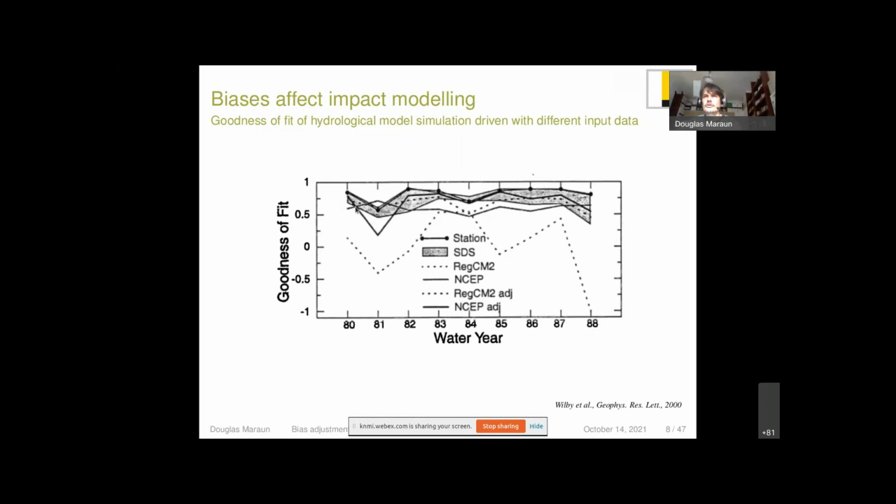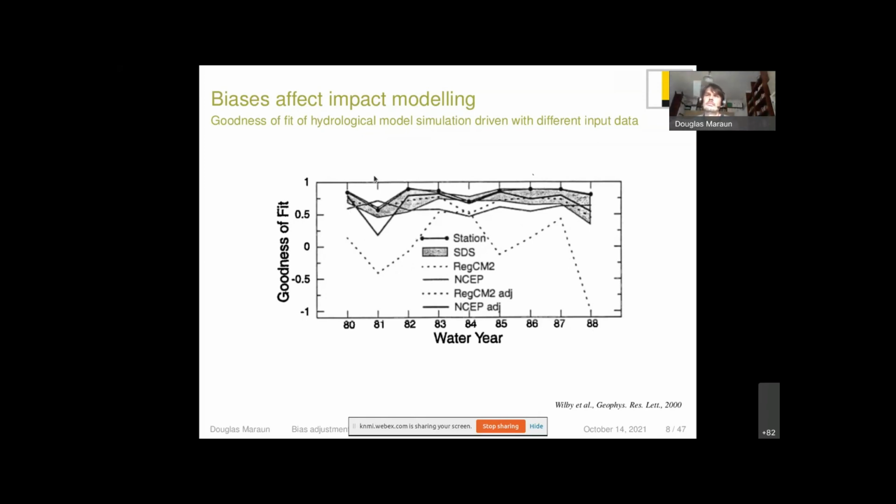And when it's driven with station observations, that's up here, you see it works very, very well. Then when you take a standard regional climate model, for example, here, the performance is very, very bad. But when you adjust the model, the performance of the hydrological model gets much, much better.